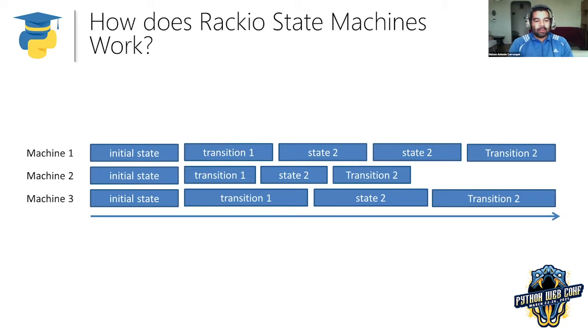Let's suppose that you have an application that has 3 main features, and each one of those is defined by a Rackio state machine. So each one of those, when the application is up and running, is going to be executing in an isolated thread. And that thread works the same way as a scheduler. It's a mix between a scheduler and an event loop. And as time goes by, this scheduler is going to execute the current transition or the current state.